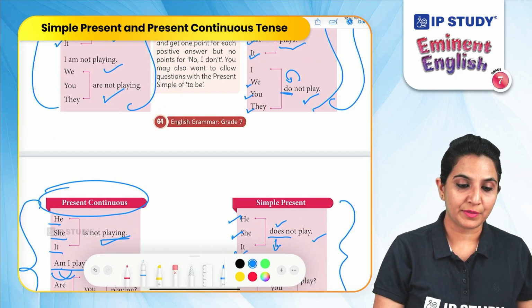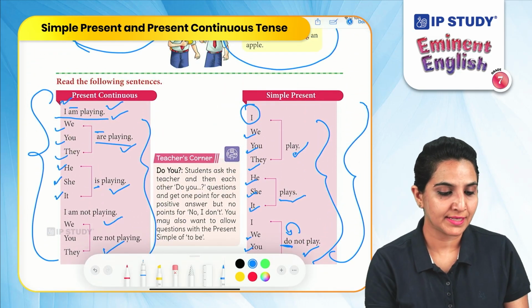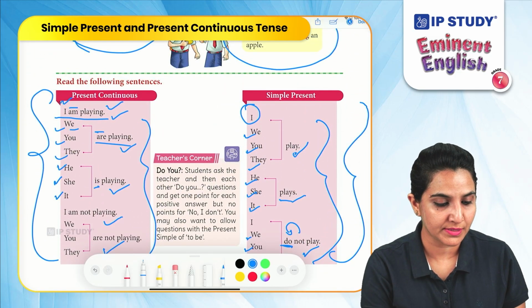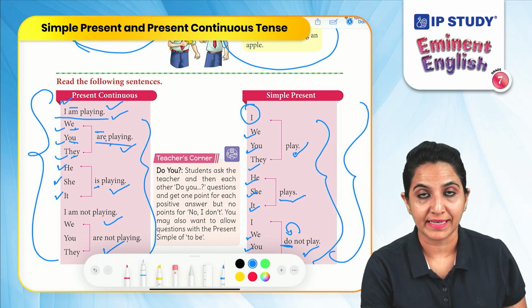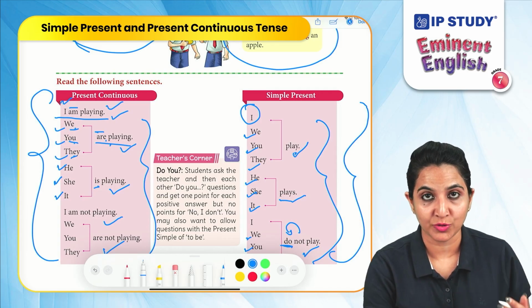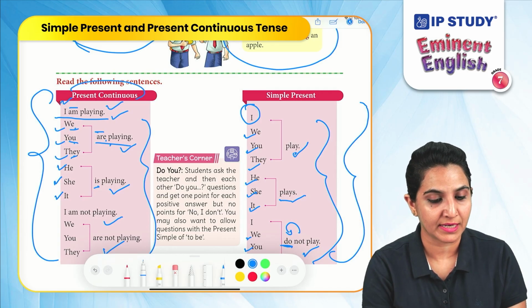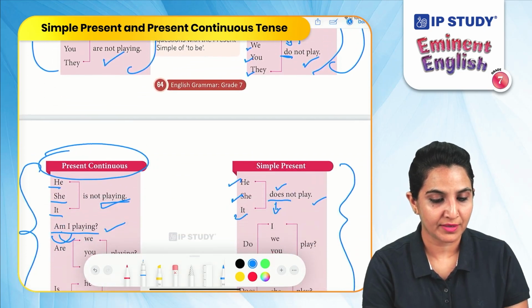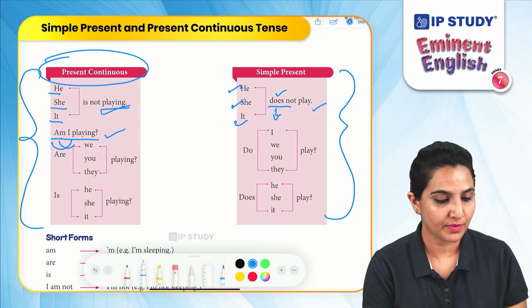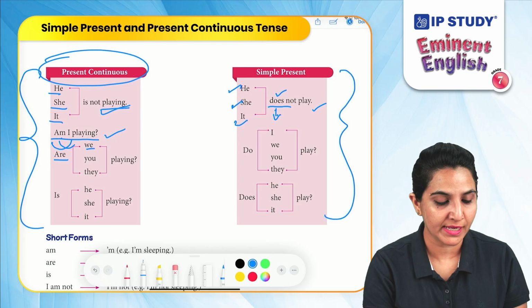Similarly, in present continuous tense, we used we are playing, you are playing, they are playing. When you make a question out of these, your question becomes, are we playing?